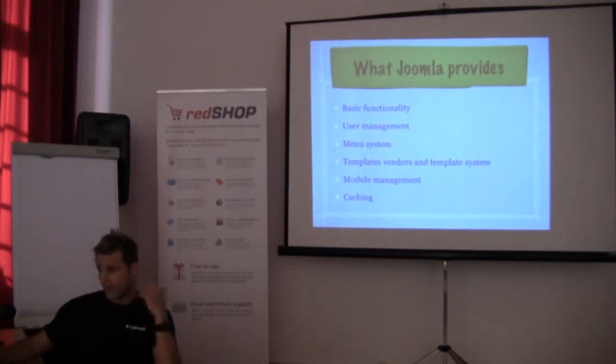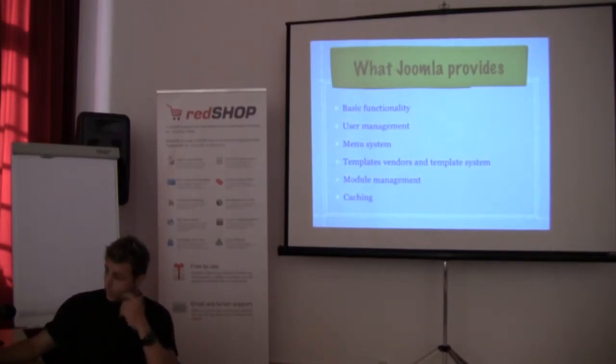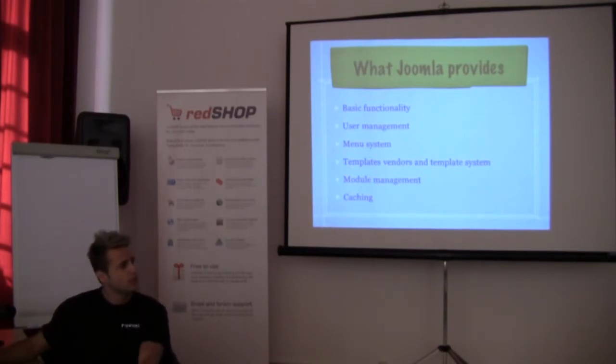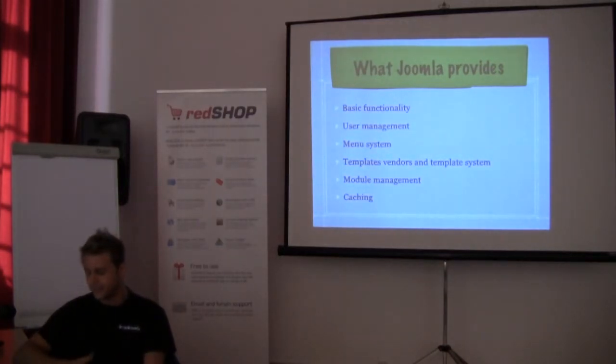What Joomla provides is user management, basic functionality, a menu system, templates, module management, and caching. For the user management, this is something we've also seen at the Nuku showcase in Roma: everybody has these issues with registration workflows. What Joomla normally does is send you a confirmation link, and then you have to activate, and this is something you don't want for a web application.